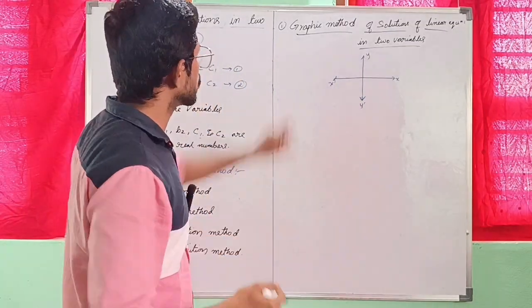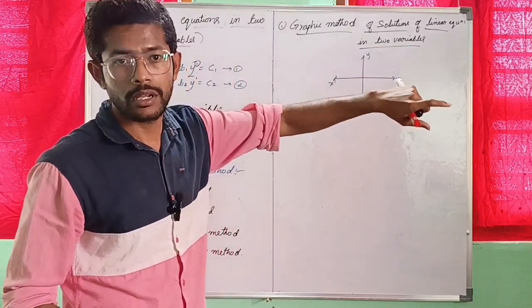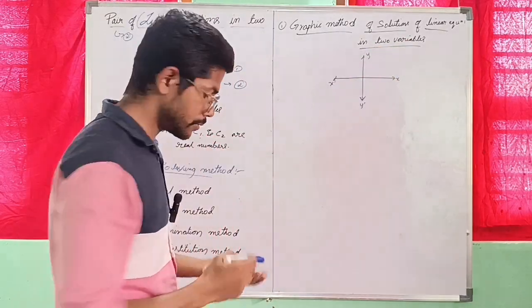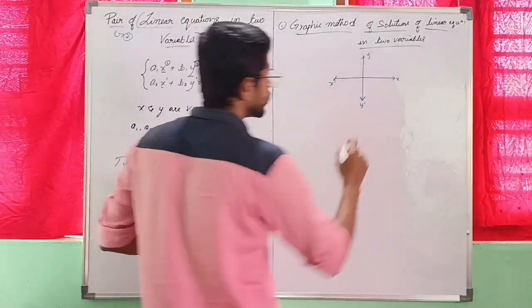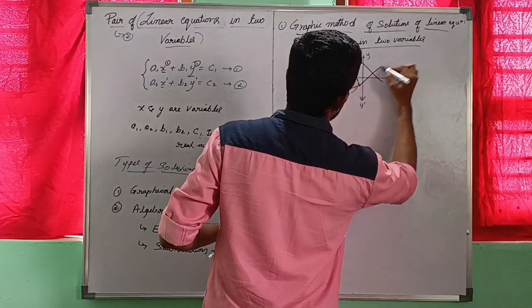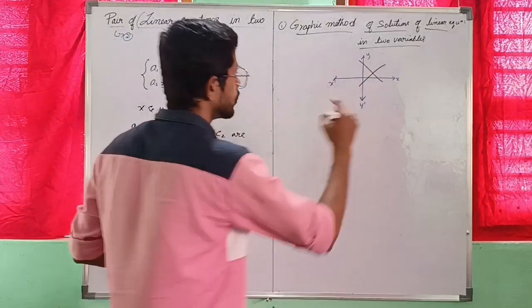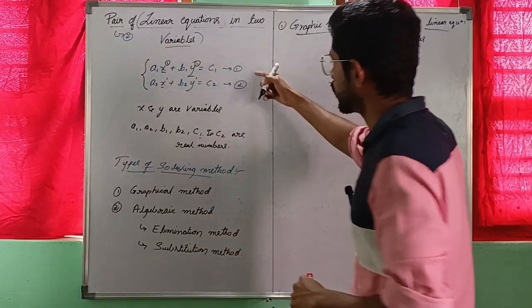Here, this graphical method of solution of linear equations in two variables involves two lines. Each line represents an equation we took here.